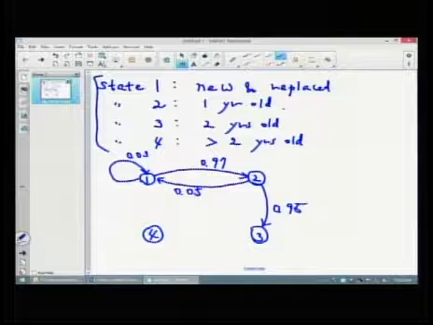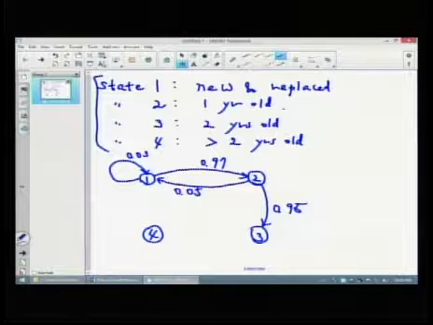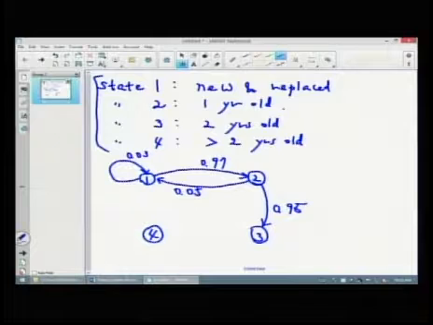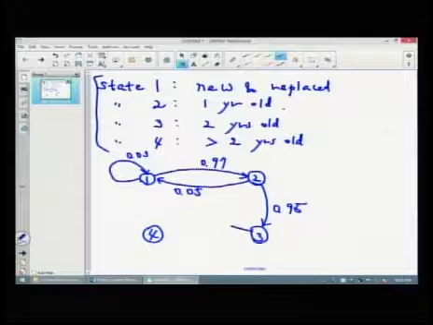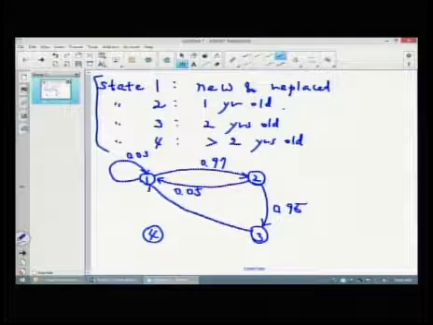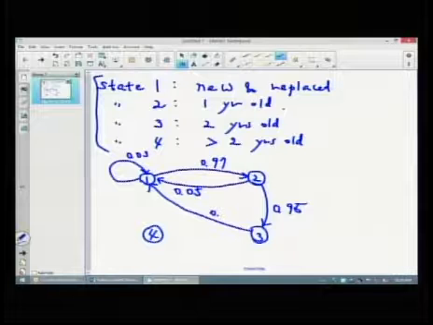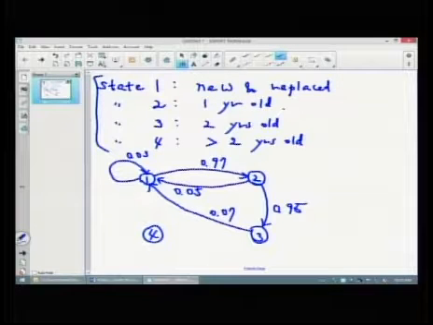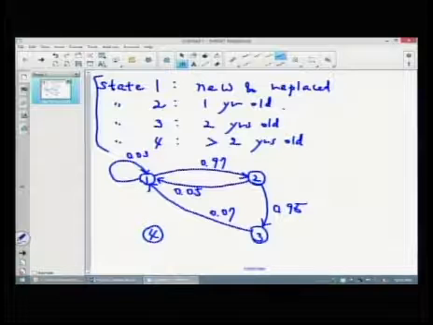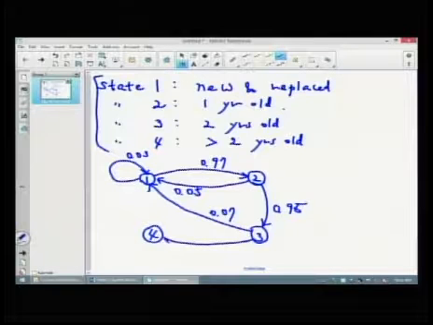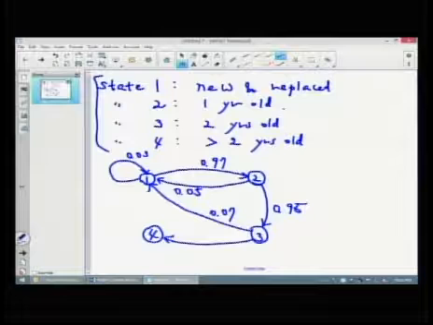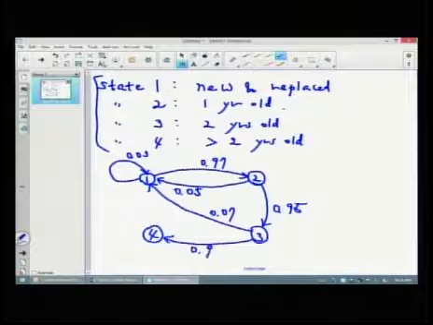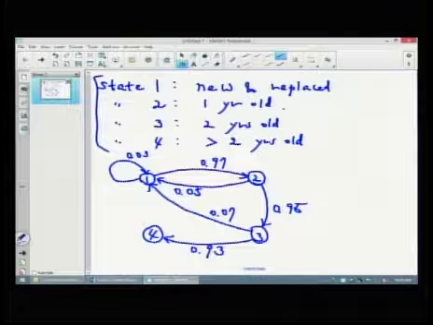Does that make sense? And here, a 2-year-old refrigerator will fail, so replaced by new one, 7%, right? Otherwise, it becomes 3-year-old, so we have 0.93. Is that right?